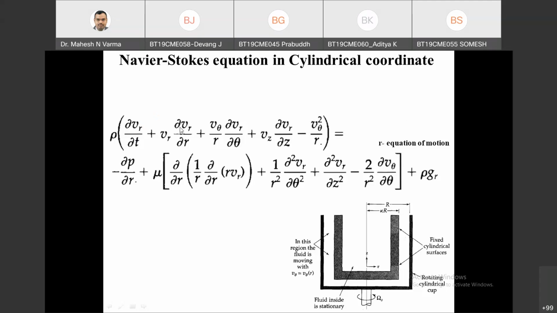Third term is VR is a function. Fourth term is 0. And the third term, what about this third term? Theta is a function.